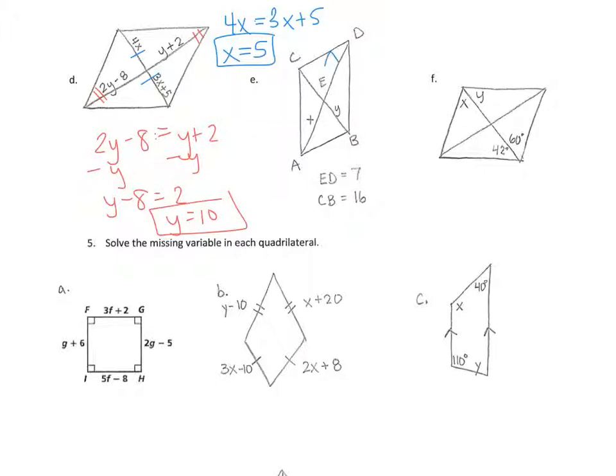So I'm going to mark that in. And I'm going to mark in that CB is 16. So if this is 7, then this part has to be 7 because the diagonals bisect each other. The 2 red ones are congruent and the 2 blue ones are congruent. So x has to be 7, and then y has to be half of 16, so y has to be 8.